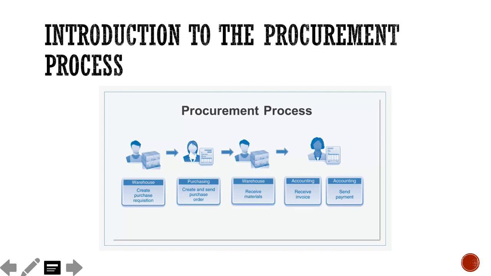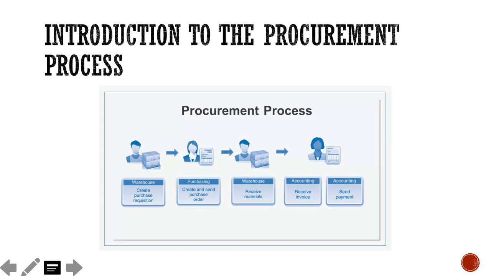When a warehouse sees that they need a material, the warehouse will request a purchase requisition, or PR, which extends to the purchasing department.